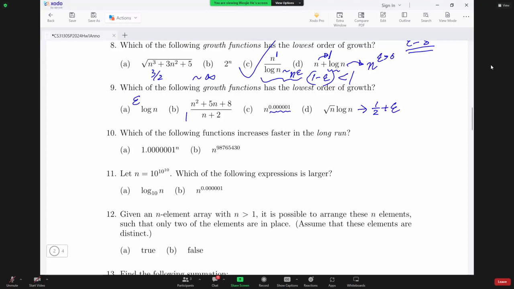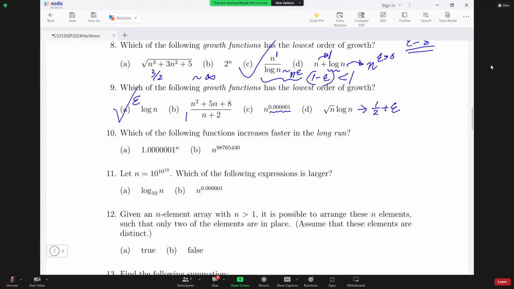Now we compare these numbers: epsilon, 1, 0.001, and 1/2 plus epsilon. Which number is the smallest? Use our special property of epsilon. Epsilon is less than 0.00 many 0s, 1, because epsilon is less than any positive number.